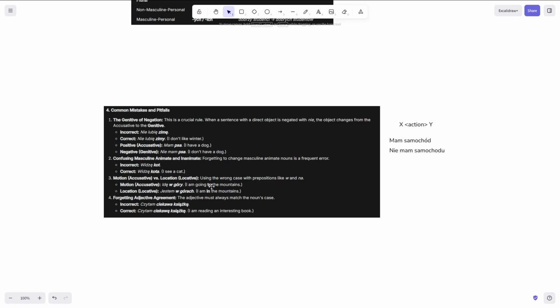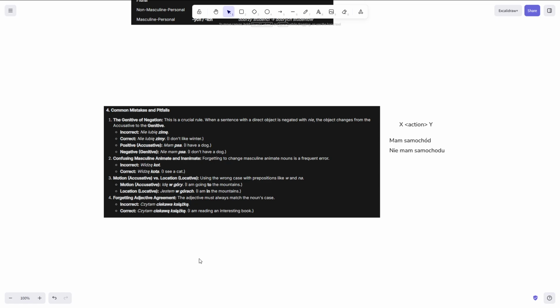I am going to the mountains, so I am going there, then you use the accusative. W góry is accusative, okay? Mountains are in accusative here. But if you want to say that I am in the mountains, that means that your location is there. I'm just there. I'm not going anywhere. Jestem w górach. And then mountains are in locative.